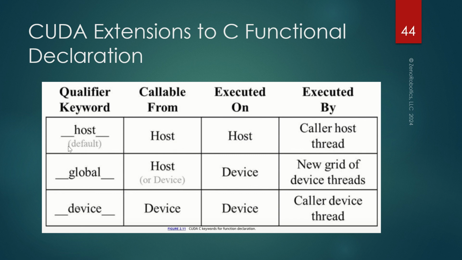And so you have host, which is the default if it's on the host, or meant for the host. Global means that it's callable from the host and it's executed on the device. And device, if it's called from the device, then you use device.